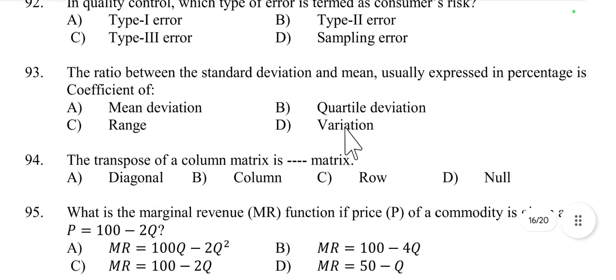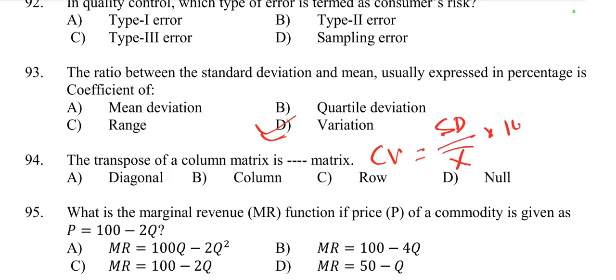Then come to question number 93. The ratio between the standard deviation and mean, usually expressed as a percentage, is coefficient of mean deviation, quartile deviation, range, or variation. It is called CV, meaning coefficient of variation. CV is equal to standard deviation by mean into 100.